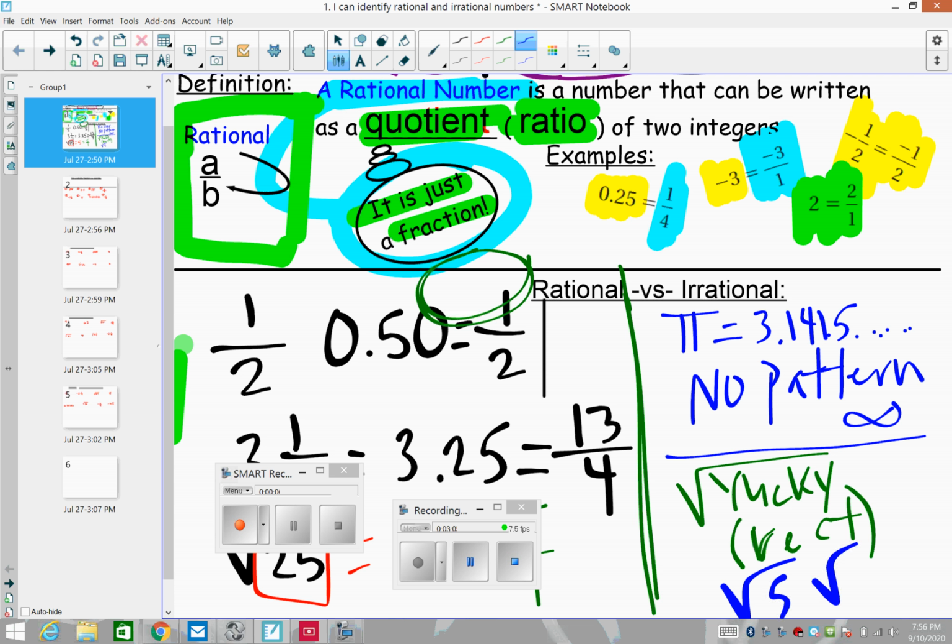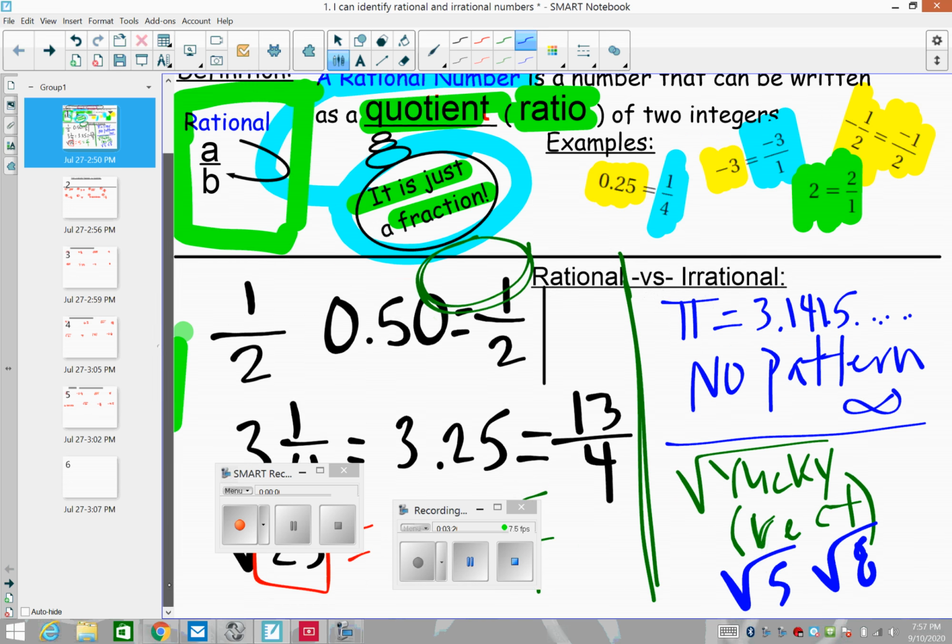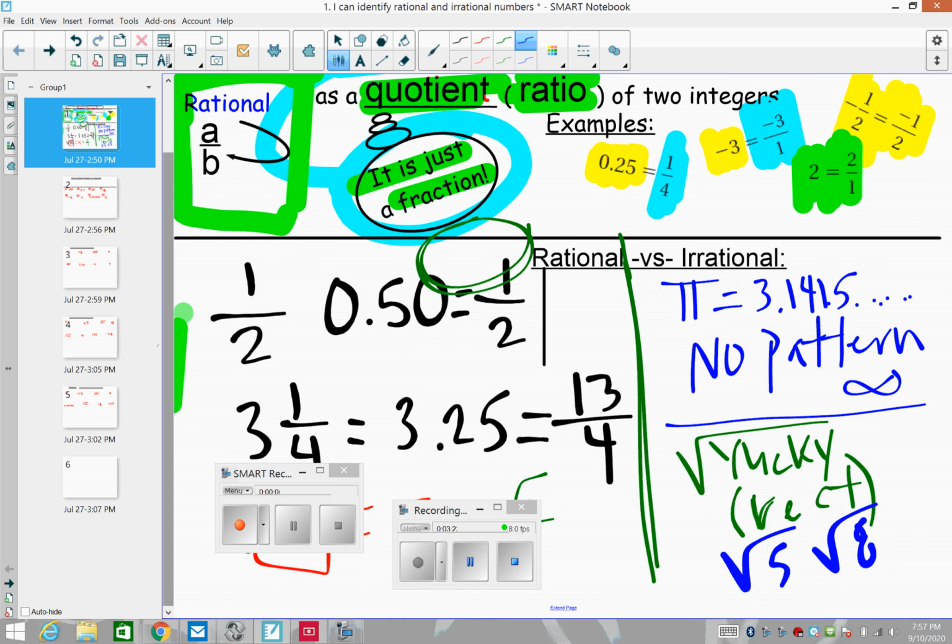The square root of 8. Is that a square? No, that's a rectangle. That's a 1 times 8 rectangle or a 2 times 4 rectangle. So those are the things that are considered irrational. Yucky square roots and pi. Essentially, those are the two main ones. So we're really talking about things that have no pattern at all and things that do not stop. They go to infinity. Those are irrational.